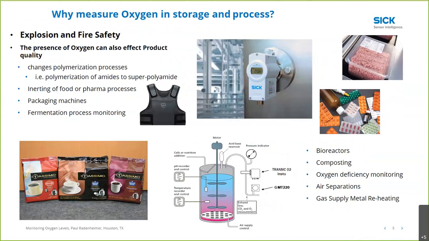Those are the same types of material that are used in Kevlar vests, and the color changes are undesirable in the final product. You also use it in inerting for food and pharma processes, and fermentation or composting, and air separation. So the measurement of oxygen happens all around us every day in almost a myriad of products that would change our lives if it weren't for the ability to measure and control the oxygen content.